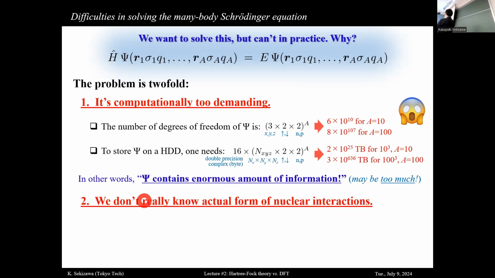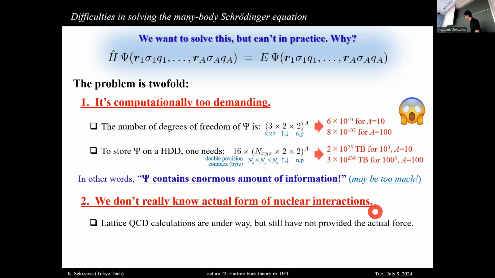And the second problem is the nuclear force. We don't really know the actual form of the nuclear interaction. But maybe that is too strong a statement. We are developing our knowledge of the nuclear force, but not perfectly.